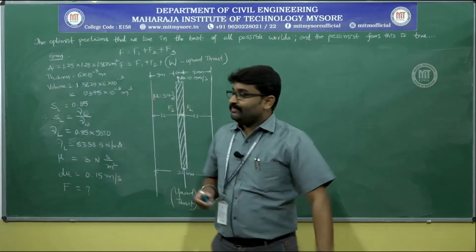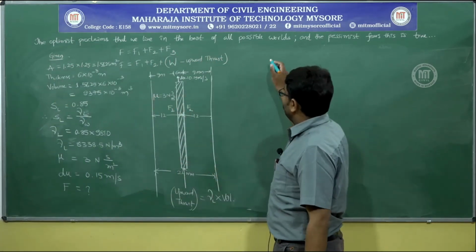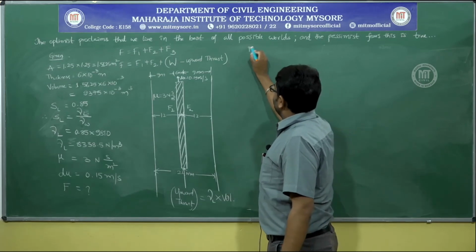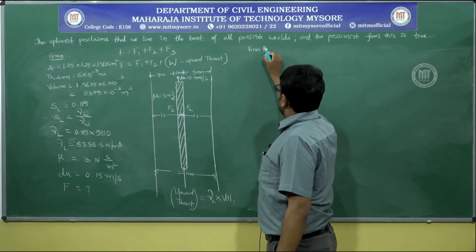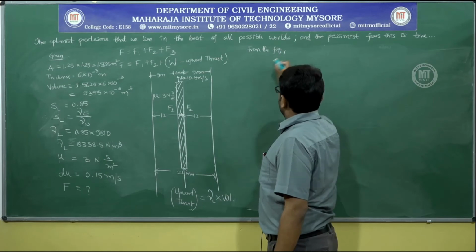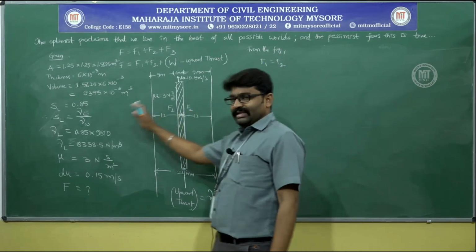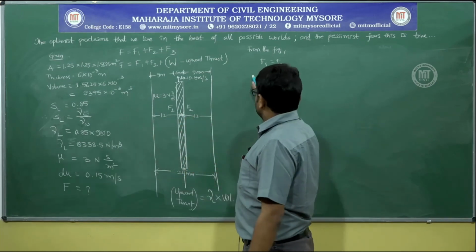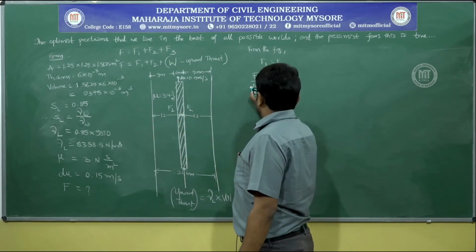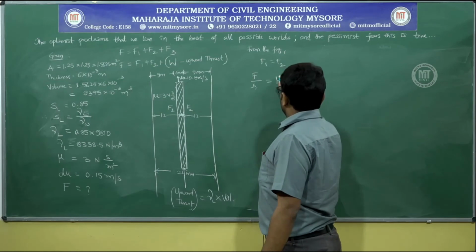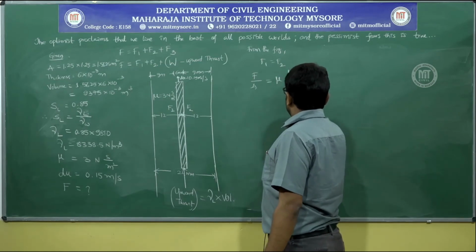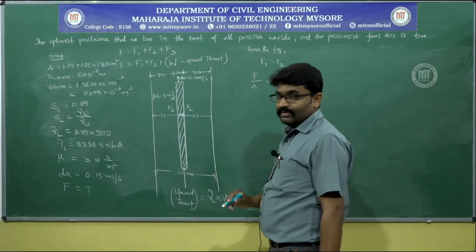How do I get F1? F1, which is now in the equation, from the figure, if you observe, F1 must be equal to F2, because nothing changes. Where are all these equations? F by A is equal to mu into du by dy.